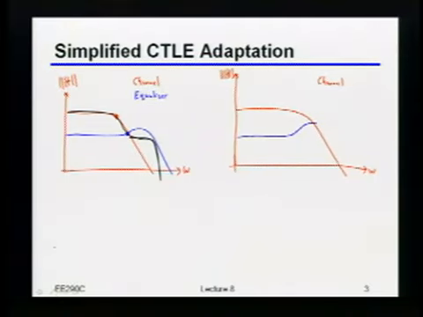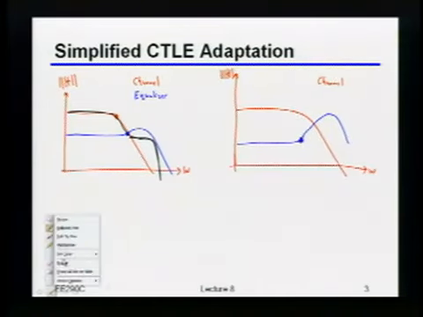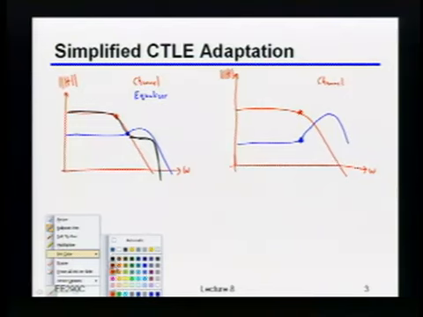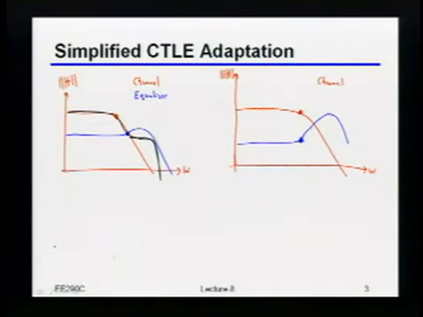So the equalizer will now look something like this. That's the 0 of the equalizer, and that's the pole of the equalizer. Now my equalized response should basically just look flat.